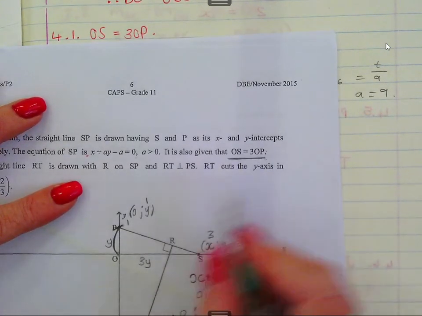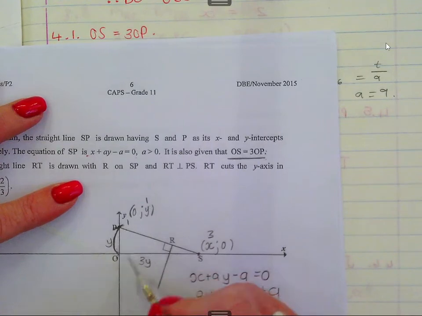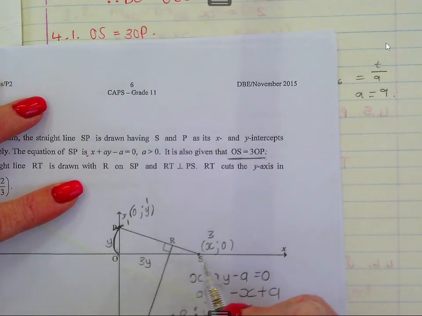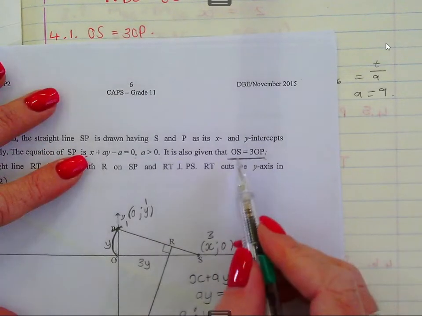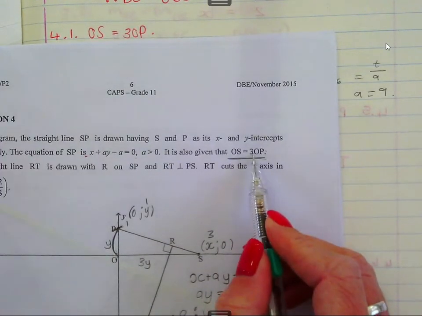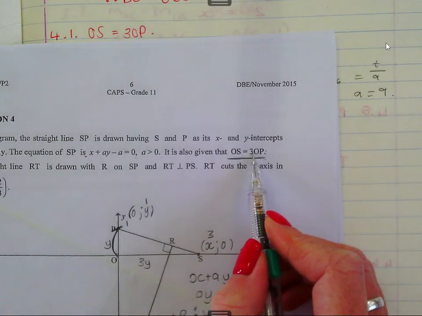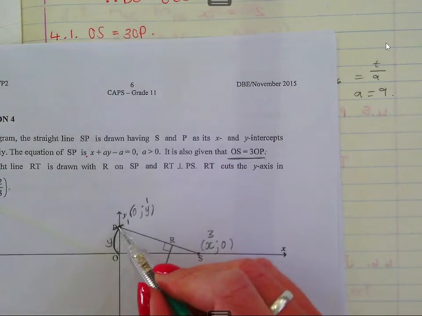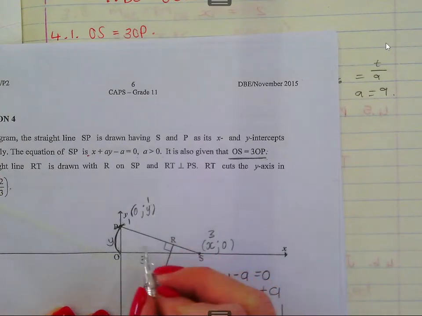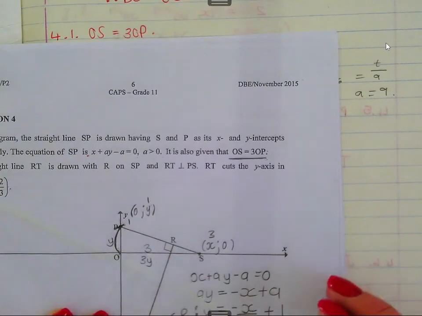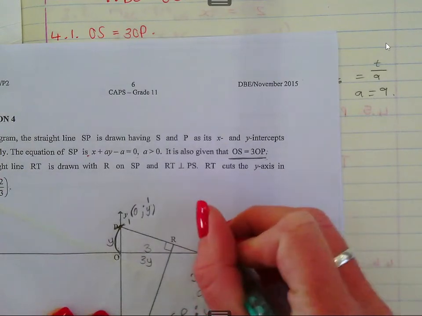We think that this one is 3 times the length of that one. Did you also struggle with that or not? Okay, remember, OS is 3 times whatever OP is. So OP is 1, therefore OS will be 3 times 1, which is 3. Do you understand that? And that gives me this coordinate of 3 and 0.